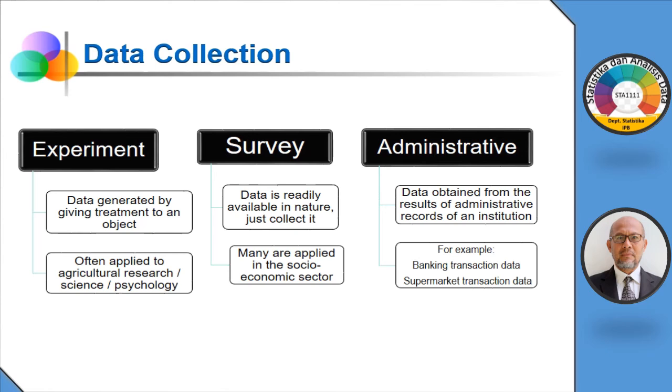That means we can get the data only if we provide a treatment to the object. Before we give the treatment, the data is not available. Normally, this method is used for agriculture research, basic science, psychology, and so on.